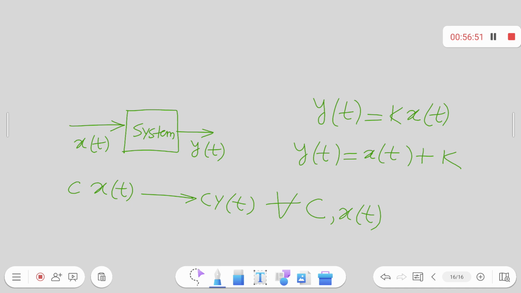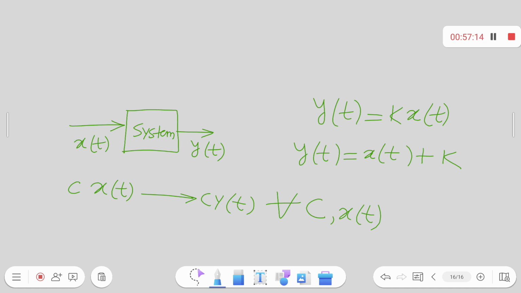Isn't it? If your input is c x of t, then the output is c x of t plus k, and if you multiply y of t with c, this will be c x of t plus ck. So ck equals k only if c is equal to 1. This has to hold for all c. Can you get the point?